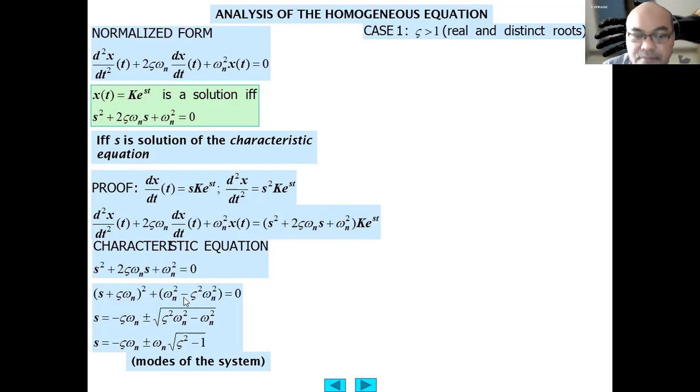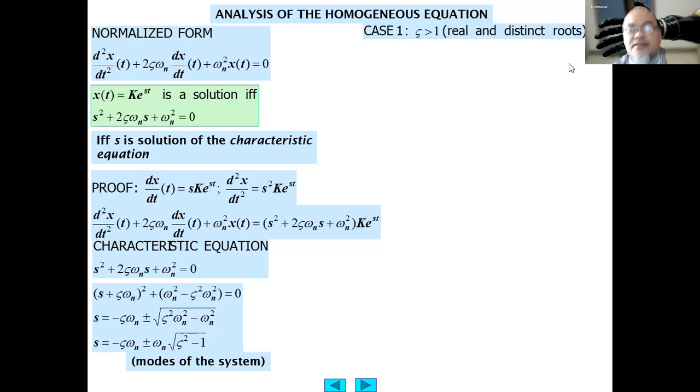Making it into a root equation, we obtain s to be minus zeta omega n plus minus omega n times square root of zeta square minus 1, from which we will obtain three possibilities of the value of zeta, the damping coefficient, the damping constant.